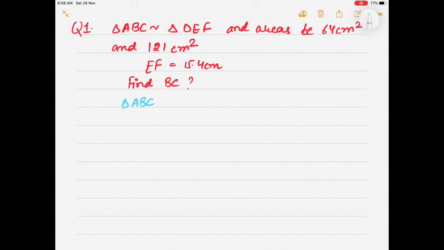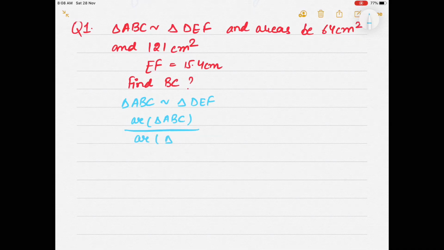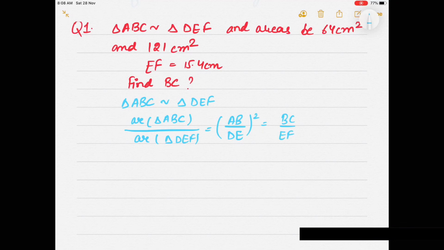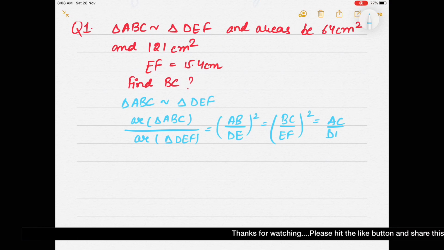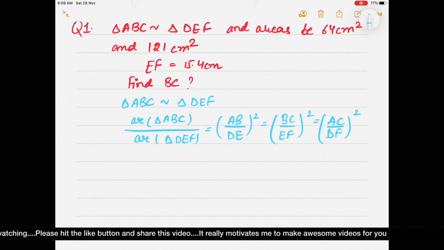Let's solve this question. It is given that triangle ABC is similar to triangle DEF. Now the area of triangle ABC divided by the area of triangle DEF will be equal to (AB by DE) whole square, which is equal to (BC by EF) whole square, which is equal to (AC by DF) whole square.